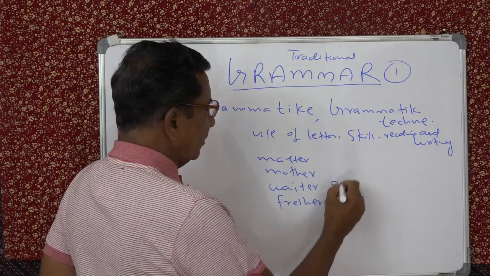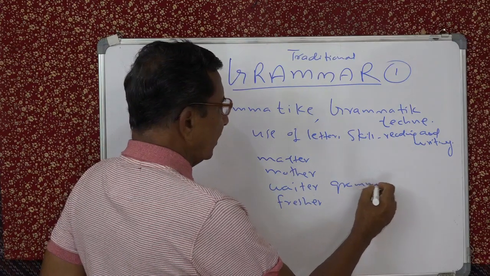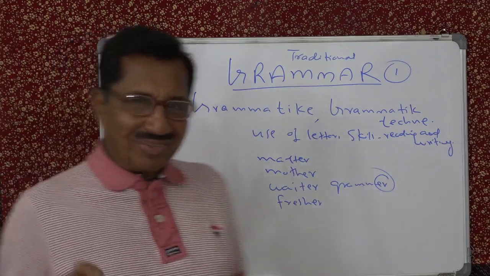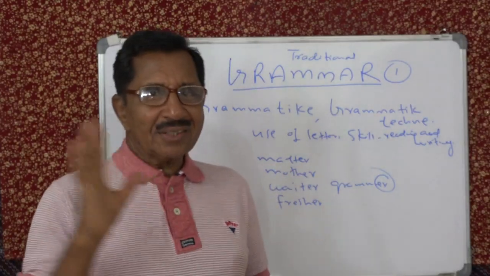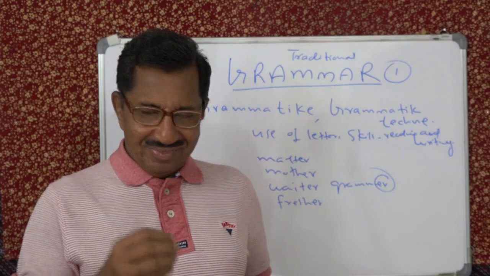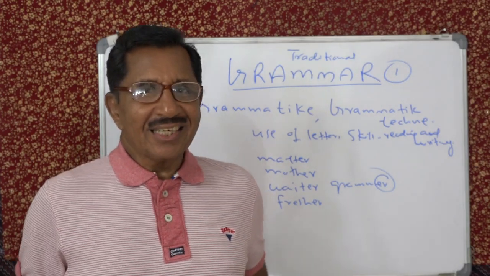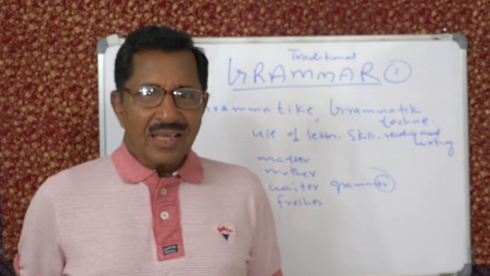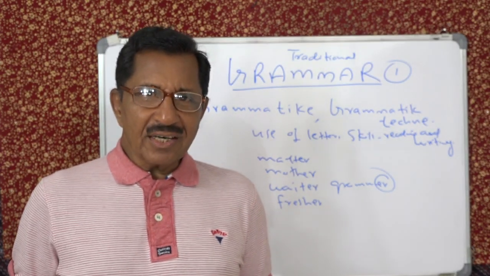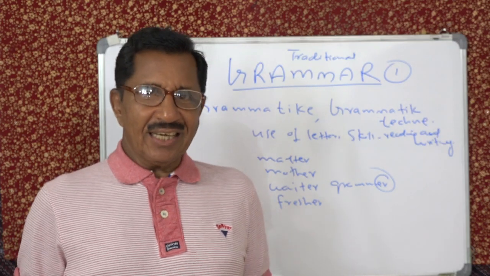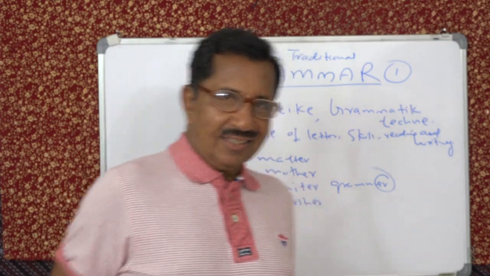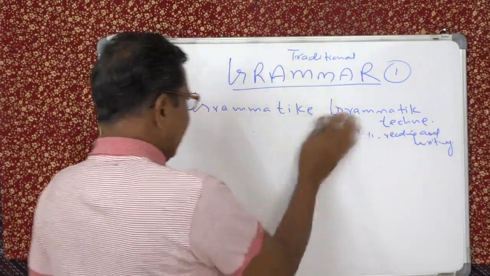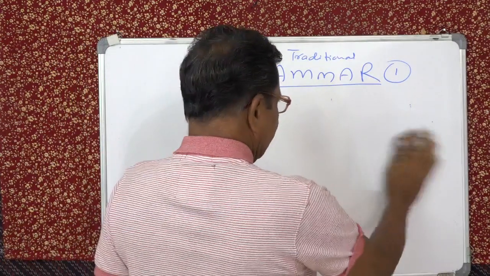So grammar, G-R-A-M-M-E-R, that is very possible. Some 30% of students and some percentage of teachers make this mistake. So very often I say, that word does not have E: G-R-A-M-M-A-R. So I think you will keep this in mind, grammar.